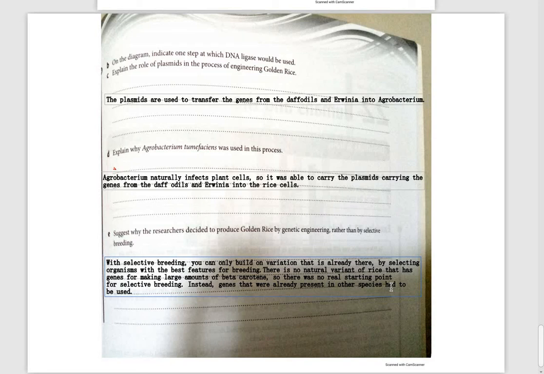Not all rice plants have beta carotene. Some of them have very small amounts, and there is no single rice species that naturally has a huge amount of beta carotene. So that is why selective breeding doesn't make sense in this scenario at all.